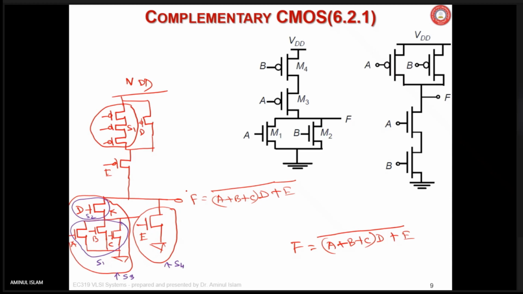Sir, tPLH will be higher. Okay. Maybe, sir, because VG will be higher for A, B, and C, and in this case, sir, only VG will be higher for D. Gate voltage. Think of it in terms of load capacitance. Another hint.